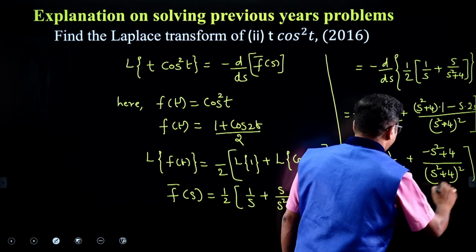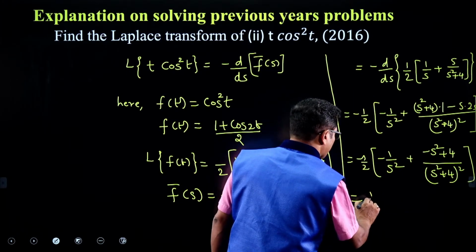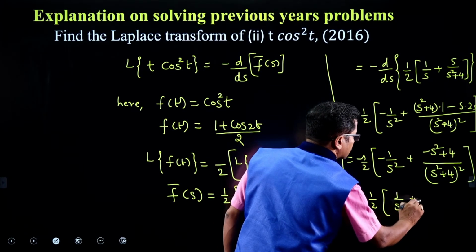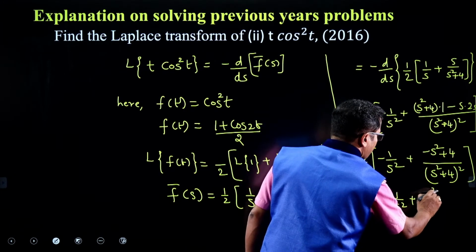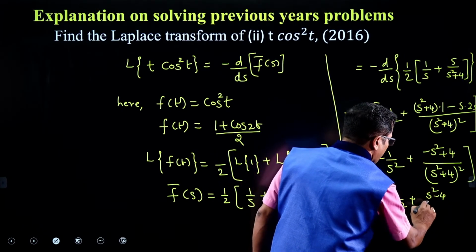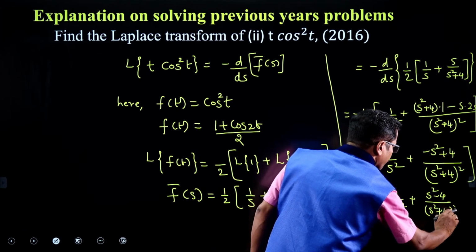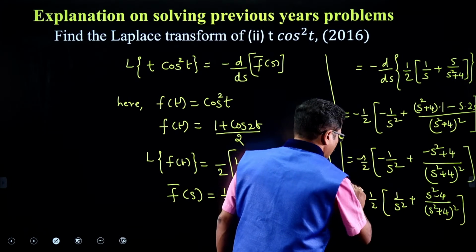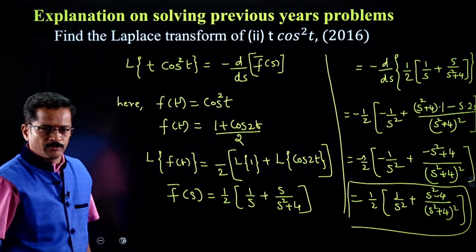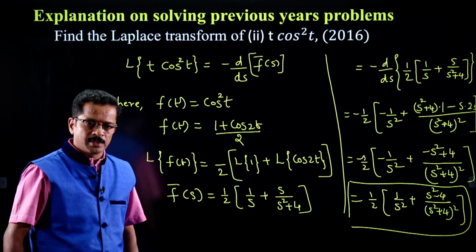Taking minus common, it becomes 1 by 2 into 1 by s square plus s square minus 4 by s square plus 4 whole square. It is enough, no further simplification. If you want, you can proceed.